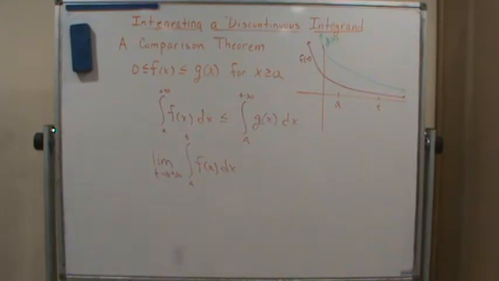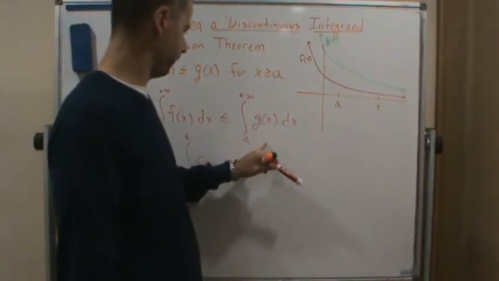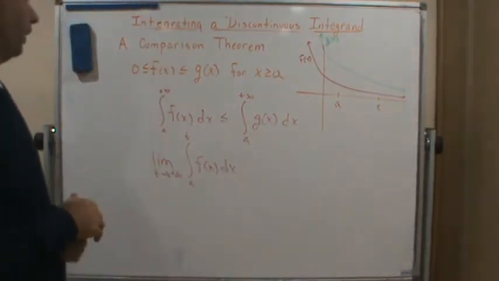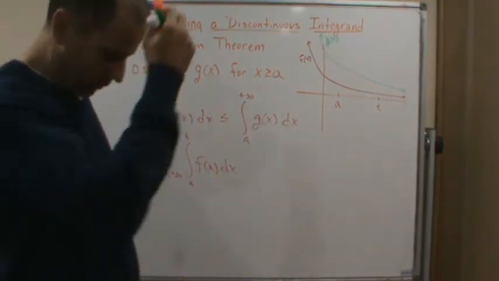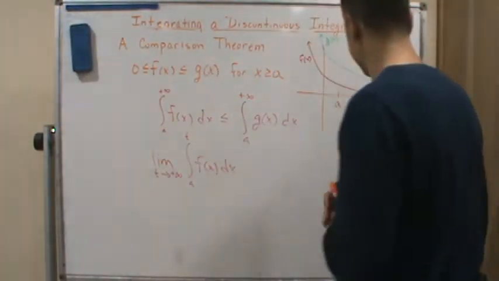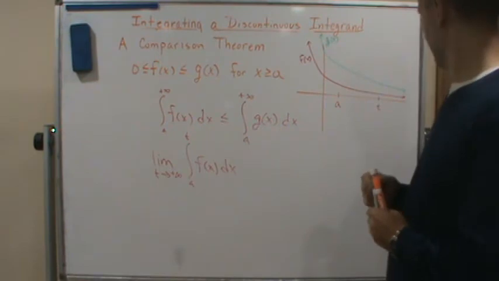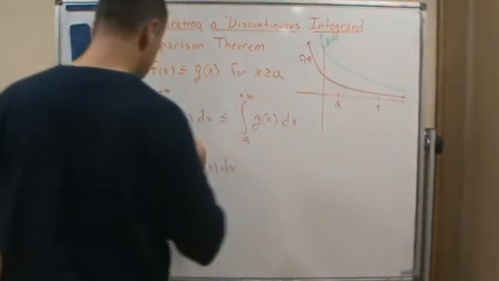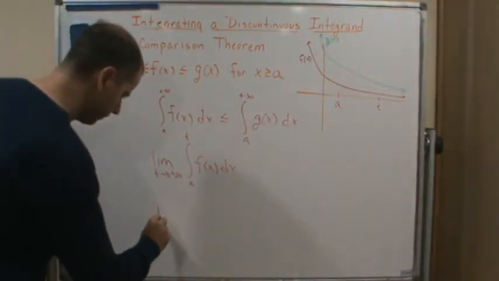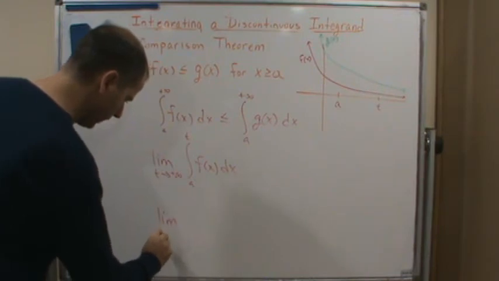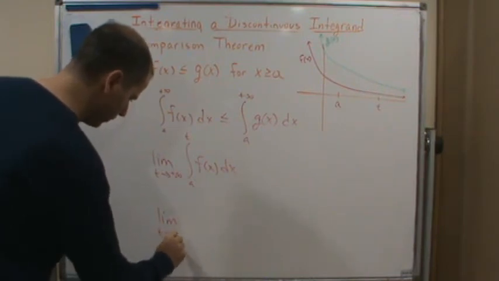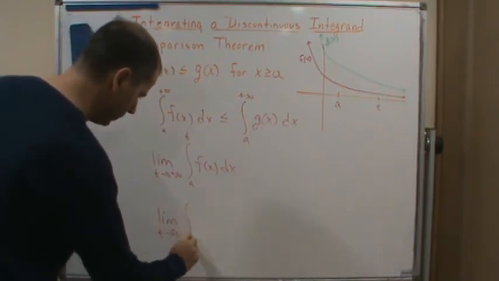And we could do the same thing with this one too. Now, how does it help us? Let's look back at the graph. So let me write both of these: the limit as t approaches positive infinity.